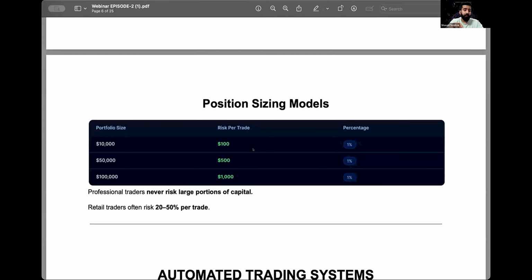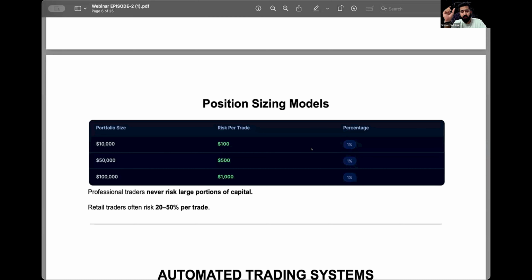That's very clear. If we look at a portfolio size of $10,000, the risk per trade is $100 for a professional trader, which is 1% of the portfolio size. At the same time, a retail trader often trades with 20 to 50% risk per trade.